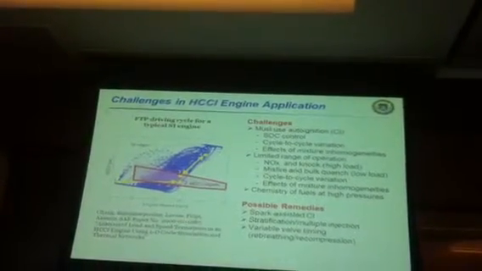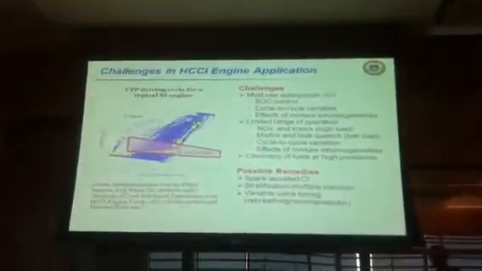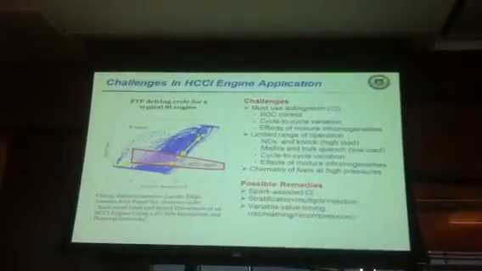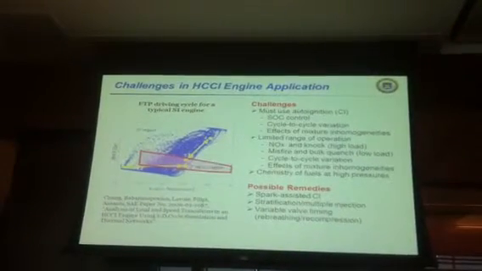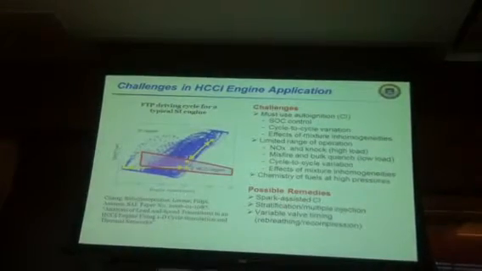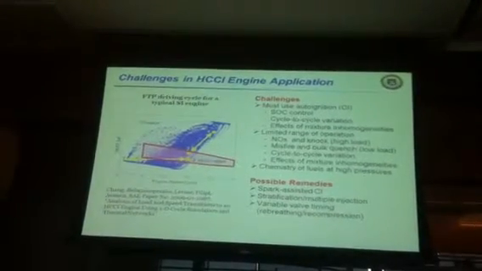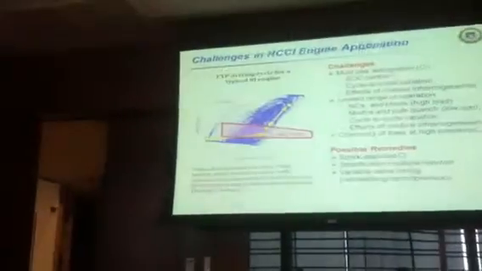People have come up with a lot of ideas, although they need to be refined to be practical. Some are spark-assisted compression ignition, stratification introduction, and variable valve timing, which is another effort to introduce mixture stratification by trapping exhaust gases. So all sorts of fine-tuning has been developed.